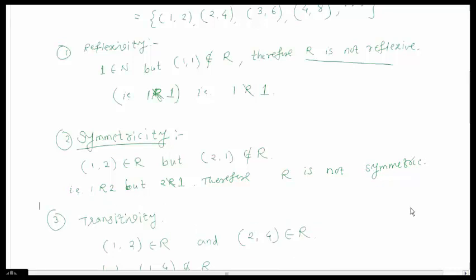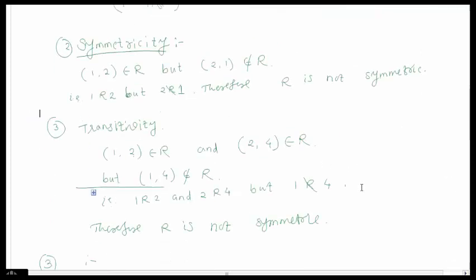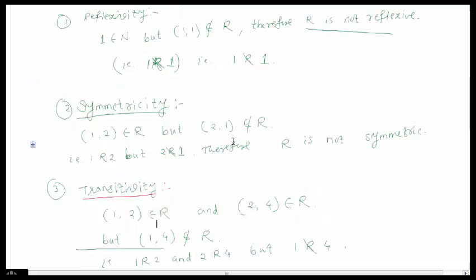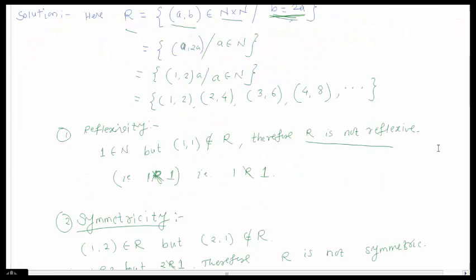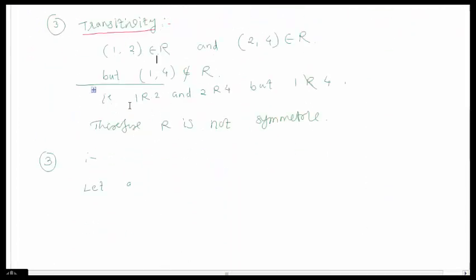Now we check the transitivity of this relation. (1,2) belongs to R and (2,4) belongs to R, but (1,4) does not belong to R. That is, 1 is R related to 2 and 2 is R related to 4, but 1 is not R related to 4.